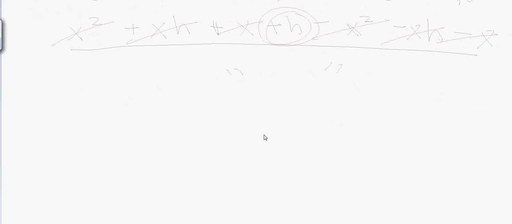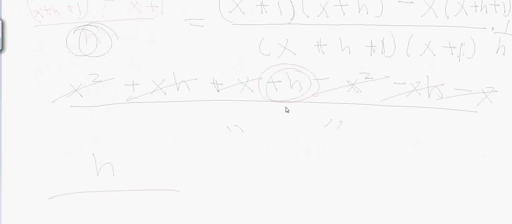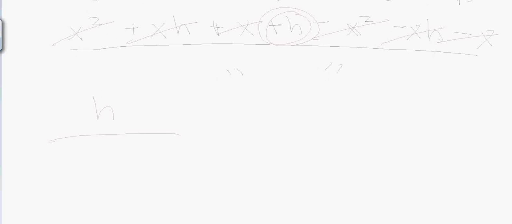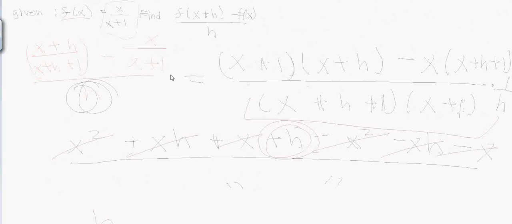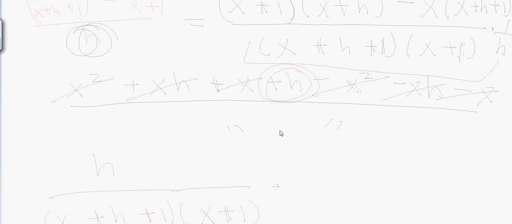So now you're left with h over the common denominator, h over x plus h plus 1 times x plus 1. And then you're still multiplying by 1 over h, because if you recall, this whole thing is over h.